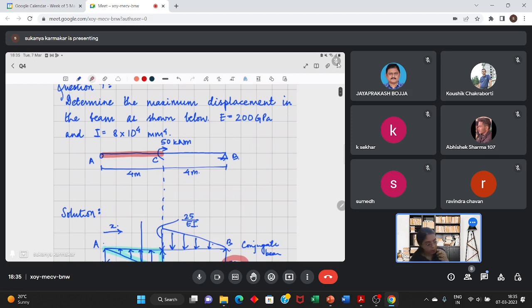Sorry, I'd like to correct myself. Let's draw the deflected shape. This is the moment in the clockwise direction. So the beam will deflect like this. So maximum deflection, here the deflection is taking place in this direction. So it is in the vertically upward direction.